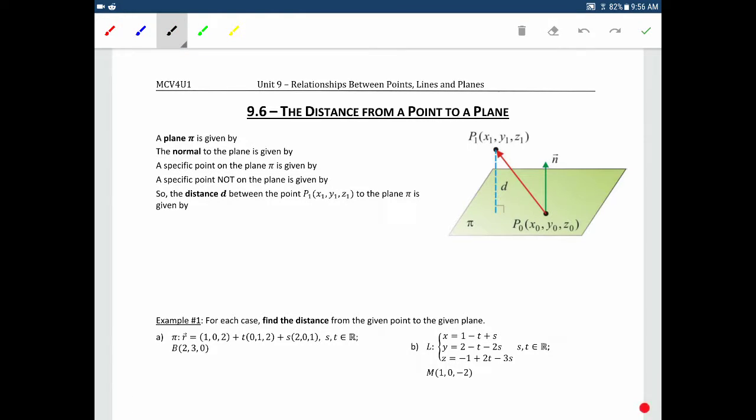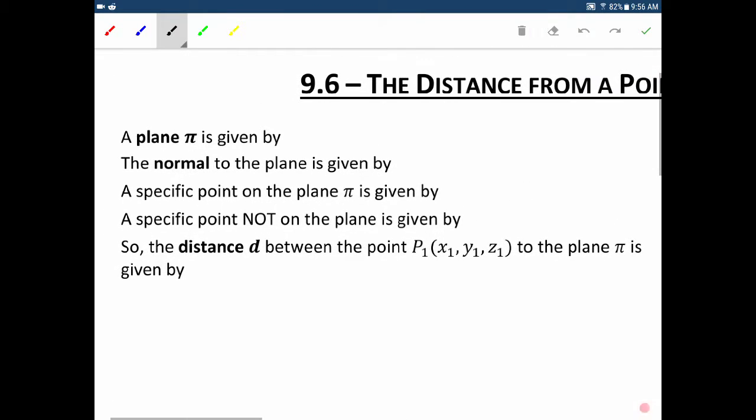Hey guys, today for our last lesson of the year, we're going to look at finding the distance from a point to a plane. So, first of all, let's consider a plane pi, which we will give by ax + by + cz + d = 0.